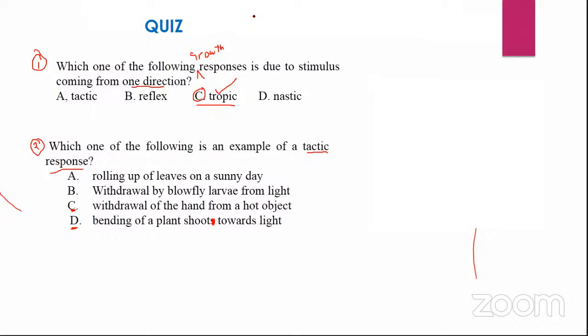When I was explaining tactic responses, I gave an example of a taxi, that a taxi moves people from one place to another. Now, with tactic responses, always think about movement of the whole organism in response to a given stimulus. It doesn't have to be its body part. It's supposed to be movement of the whole organism.